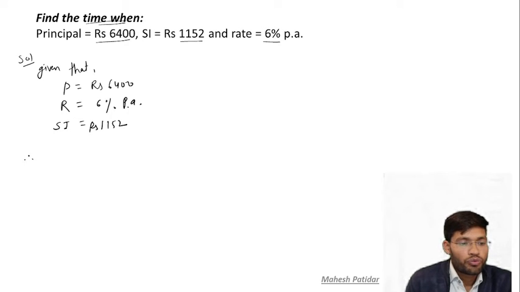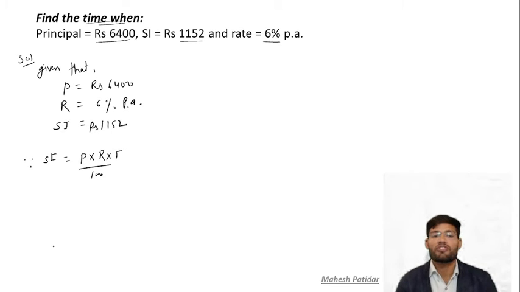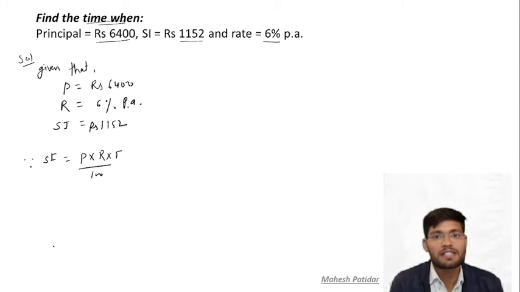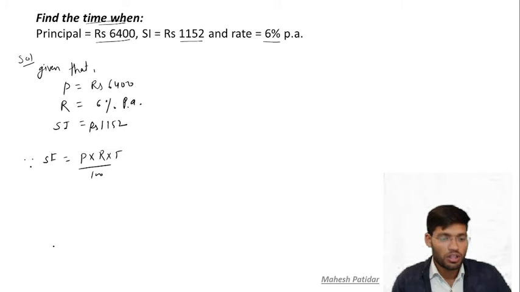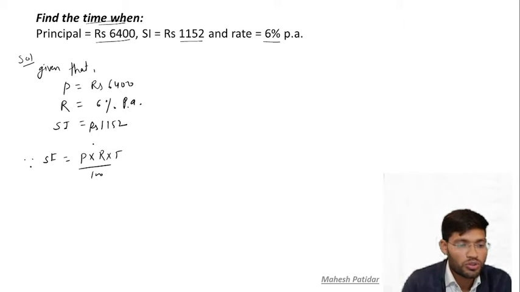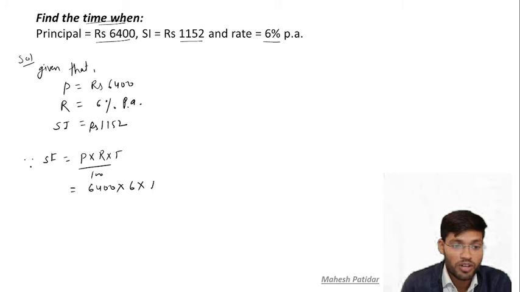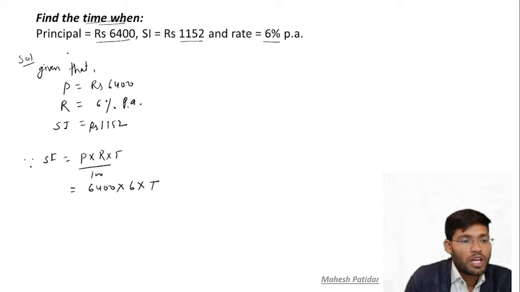Now since SI is equal to principal into rate into time upon 100, this is the basic formula we have learned in previous classes and school classes, so we have not discussed it. Now simply putting the values, principal is equal to 6400 into rate 6% per annum, and time we have to calculate.